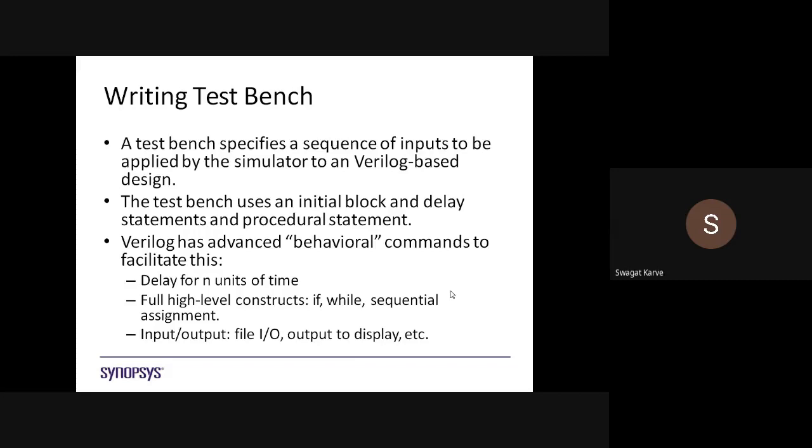And always remember, whenever you find an initial block, you recognize that it is a test bench, not your main code or design code. In a test bench you have advanced behavioral model commands, you can give delays, and you can give different inputs and outputs manually.